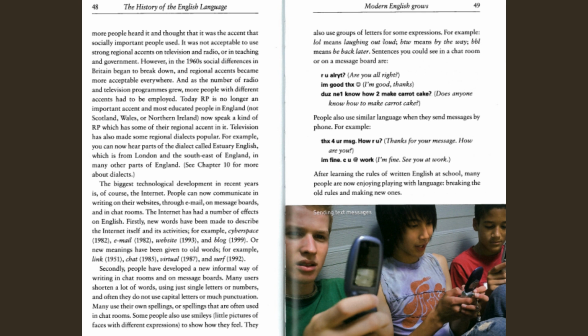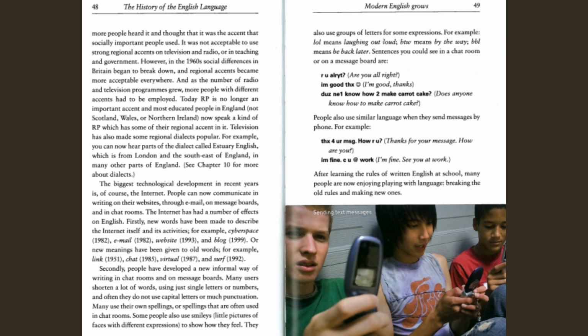Today, RP is no longer an important accent, and most educated people in England, not Scotland, Wales or Northern Ireland, now speak a kind of RP which has some of their regional accent in it. Television has also made some regional dialects popular. For example, you can now hear parts of the dialect called Estuary English, which is from London and the southeast of England, in many other parts of England. See Chapter 10 for more about dialects.